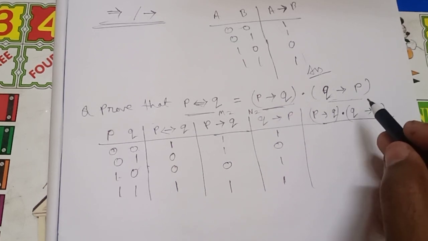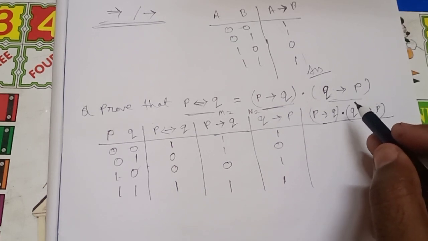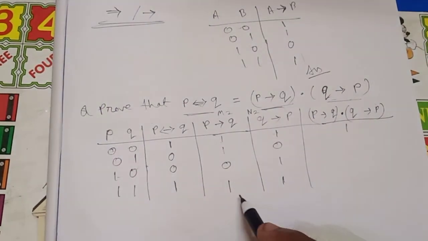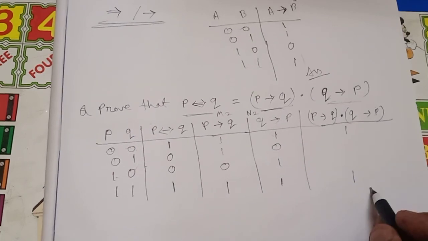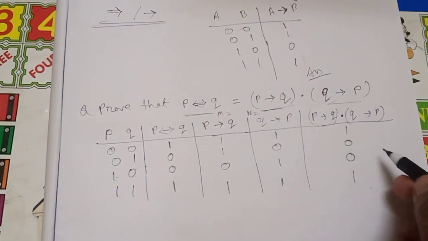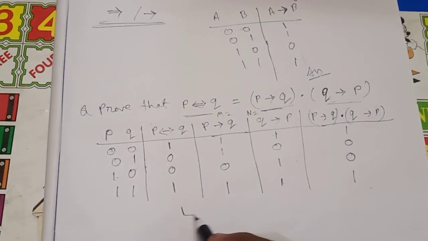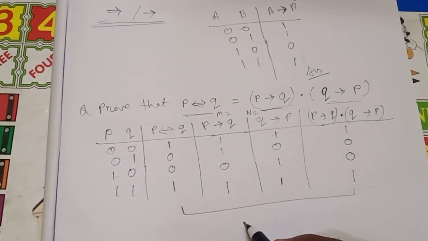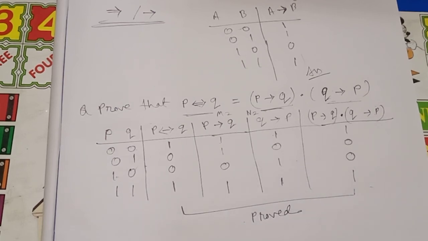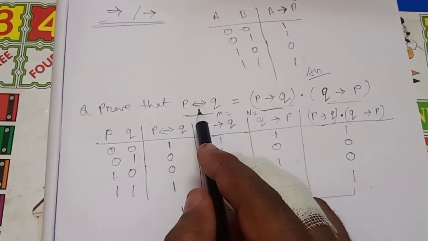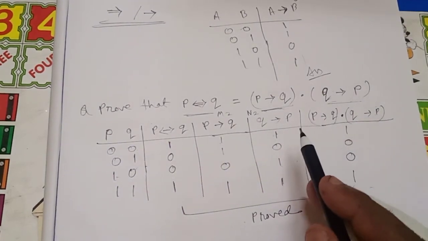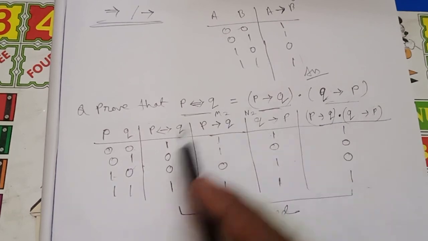Here both are 1, so we write 1. Here both are 1, we write 1. And here is 1 0, so we write 0. 1 0, we write 0. You can see this line and this line are the same, so we write proved. So P double arrow Q is equal to P arrow Q dot Q arrow P. This is how you solve this portion.